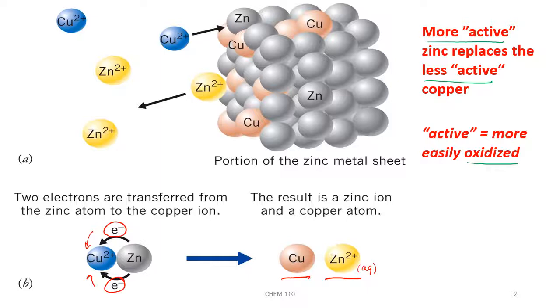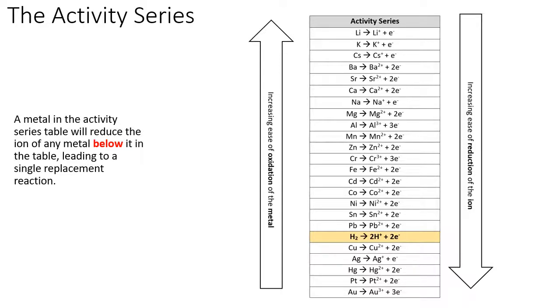We can predict if a single replacement reaction will occur by using something called the activity series for metals. The activity series lists our metals based upon how active they are or how easily oxidized they are. A metal in the activity series will reduce the ion of any metal below it, which will lead to a single replacement reaction.